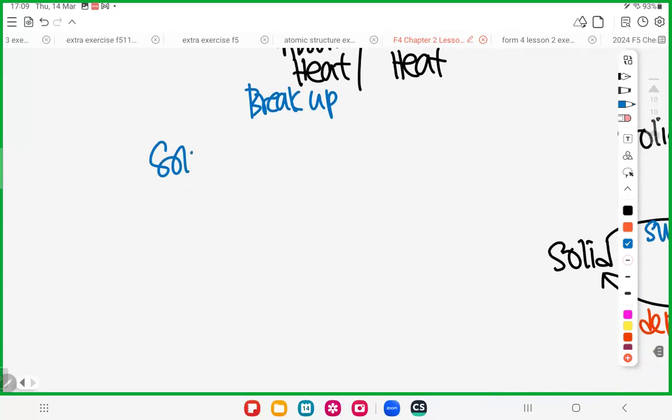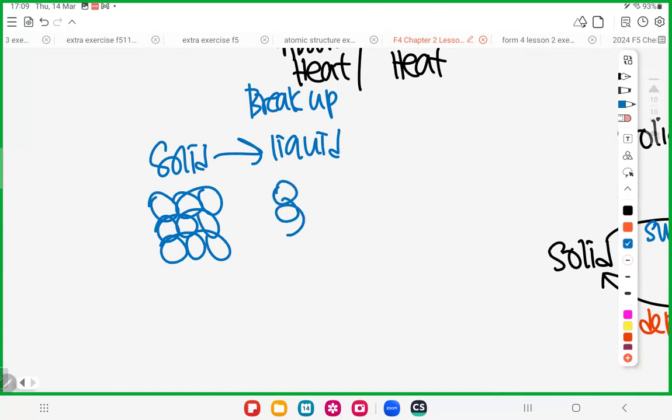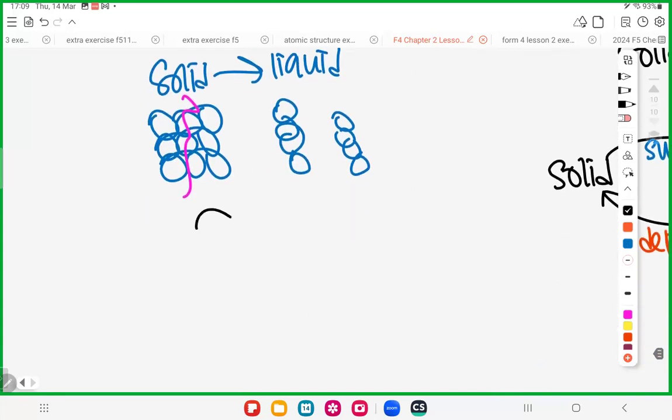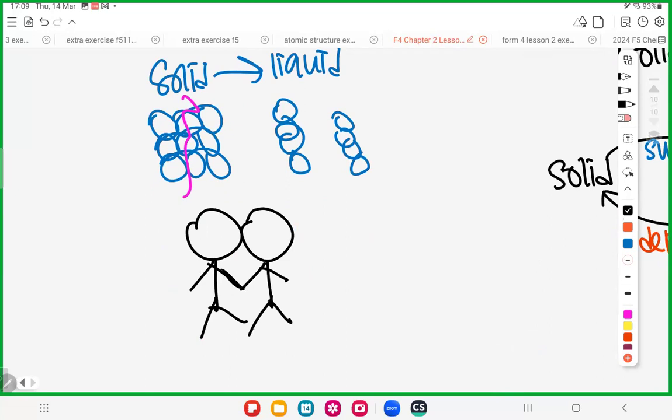Example, solid want to be liquid. So solid sticking together. When you want to be liquid like this, you need to break it. So when you want to break up, you need to absorb heat like this. These are 2 person, they're holding their hand. When you want them to break up, they need to absorb the heat.